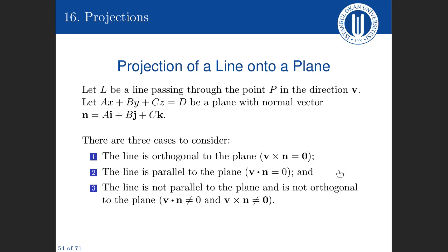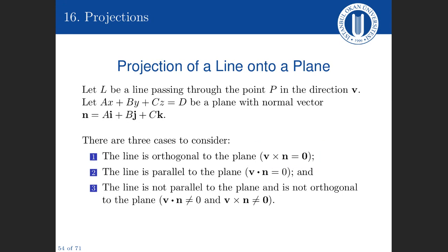We can also project a line onto a plane. And there's going to be 3 cases we need to talk about. Case 1, the line is orthogonal to the plane. This is the case we will have when the vector v is parallel to n, or v cross n is equal to the 0 vector.